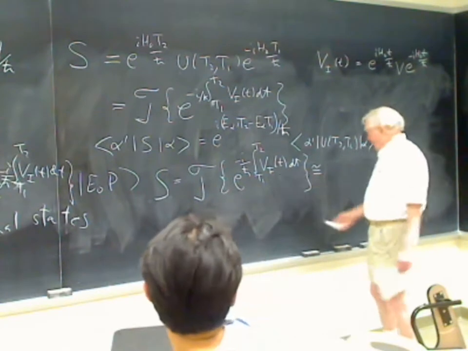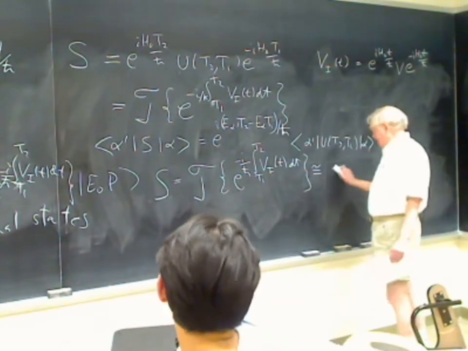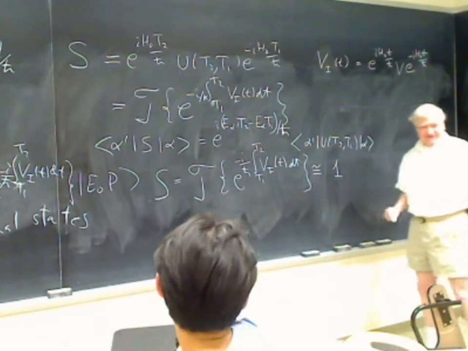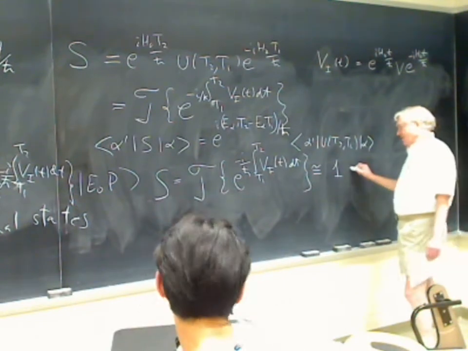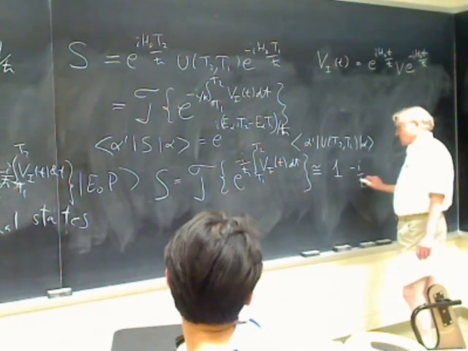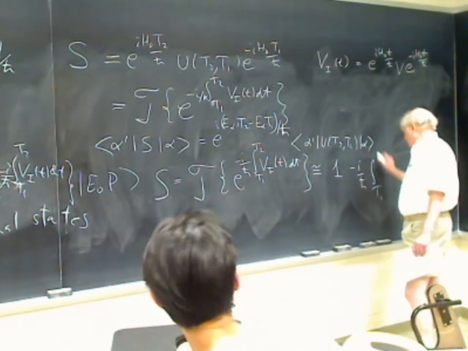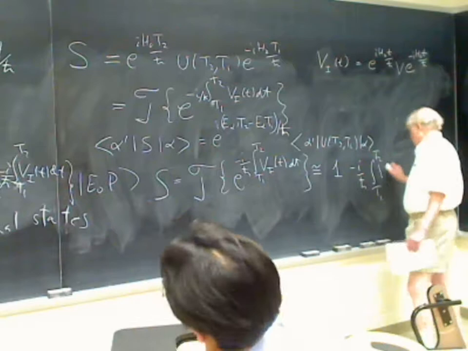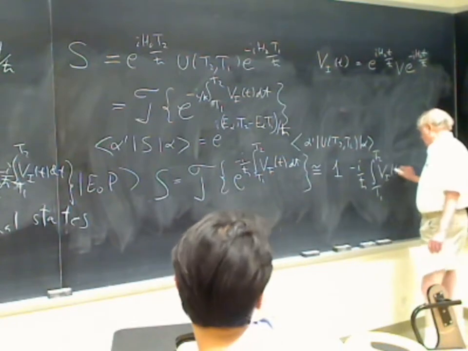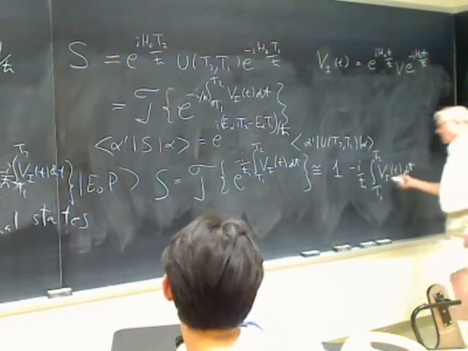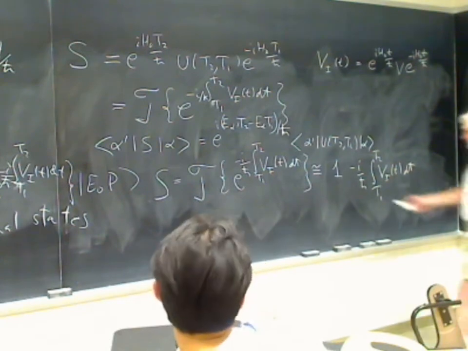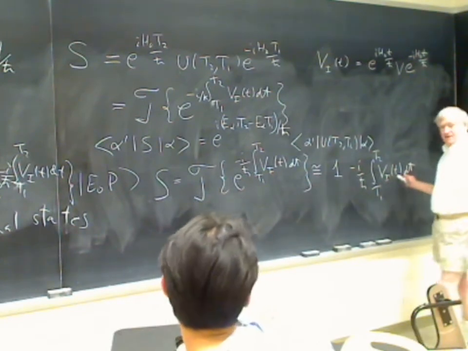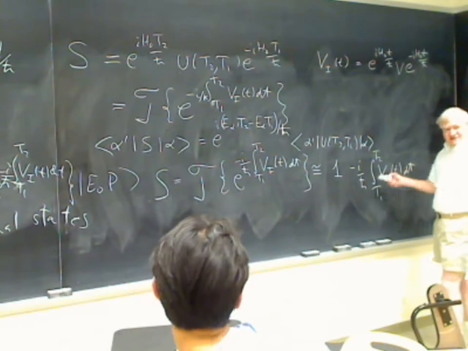What's the first term? Well, the biggest term, you expand the exponential, you just get 1. That's the identity operator. The next term is minus i over h bar, integral T1 to T2, V_I of t dt. Here we don't even need to bother about time ordering, because there's only one V.